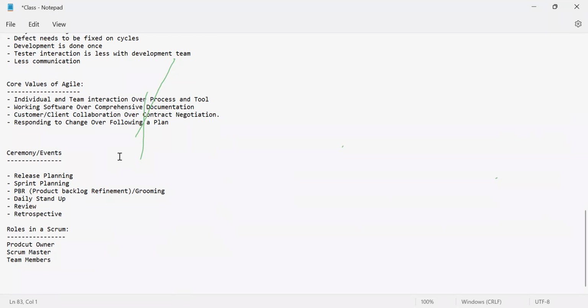After 5 sprints, you should be able to have the WhatsApp application fully running with all the functionalities. 5 sprints mean how many days? 1, 2, 3, 4, 5. 2.5 months. In 2.5 months, with 4 Scrum teams working on the WhatsApp application, you should be able to deliver. Now, understand how Agile methodology is going to help us deliver quicker.